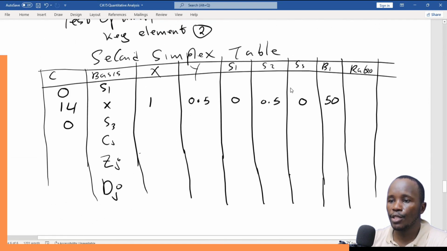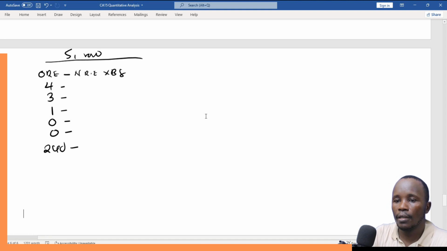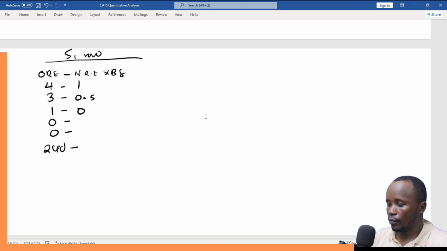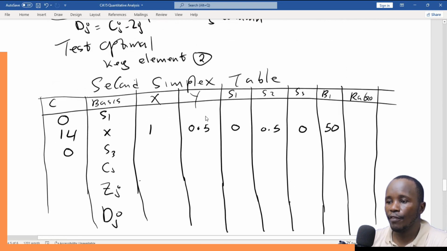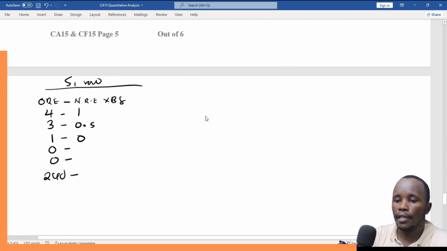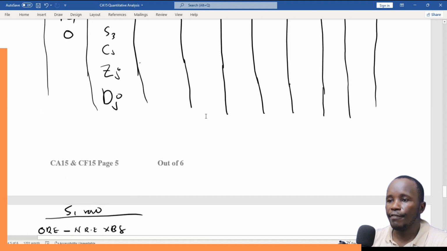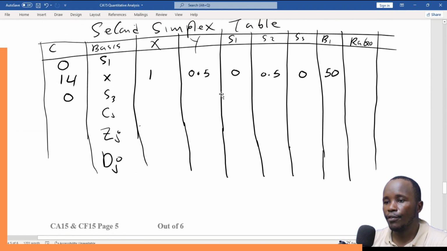The new row elements we have are the ones I've picked here: 1, 0.5, 0, 0.5, 0 and 50, times the balancing figure. You need to pick these values nicely. Once you mess them up, they will give you wrong answers.